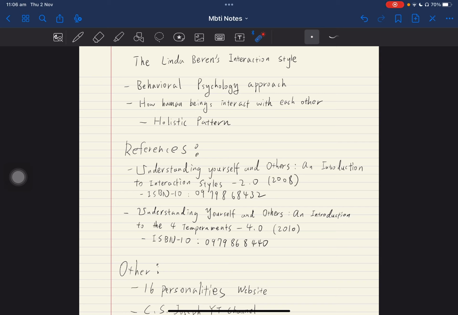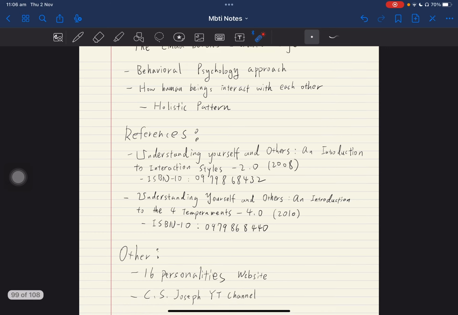She talks about herself and the interaction styles, and the type grid interaction style from C.S. Joseph is also developed by her. She is using a behavioral psychology approach to come up with the interaction style by observing a holistic pattern between human interaction. And I'm not selling the books here, but I'm just letting you know the references if you are interested.